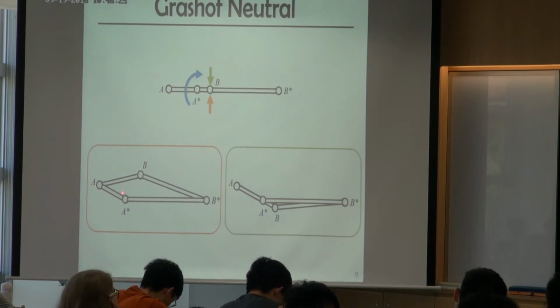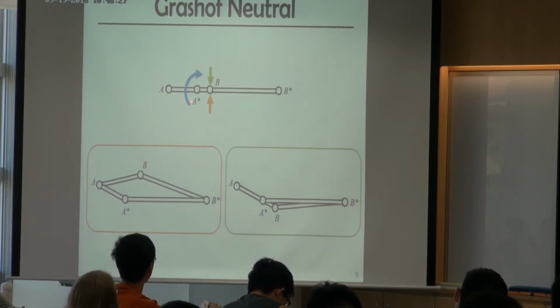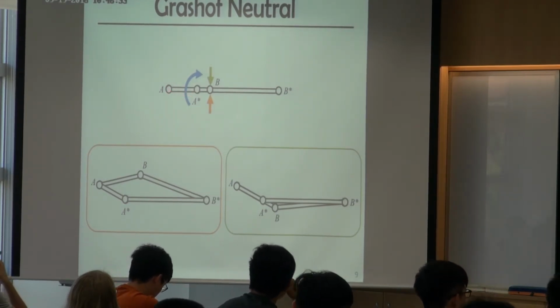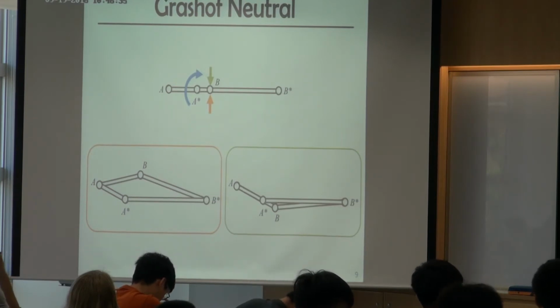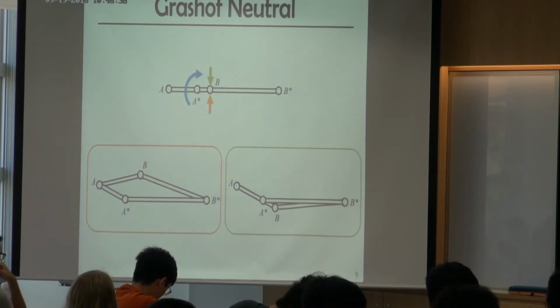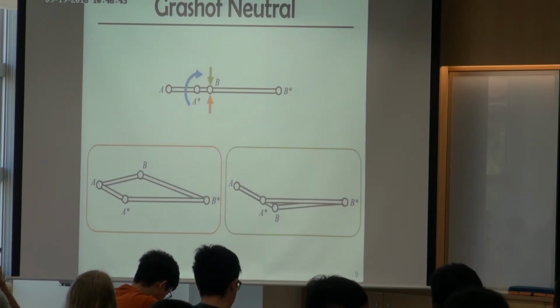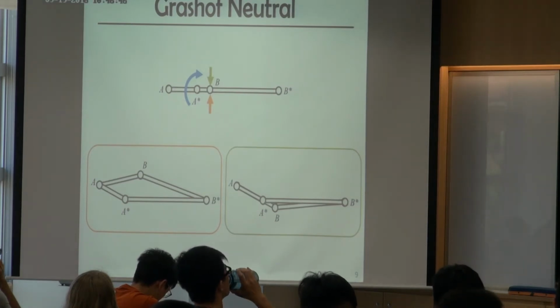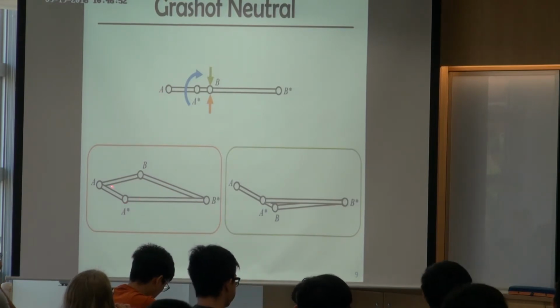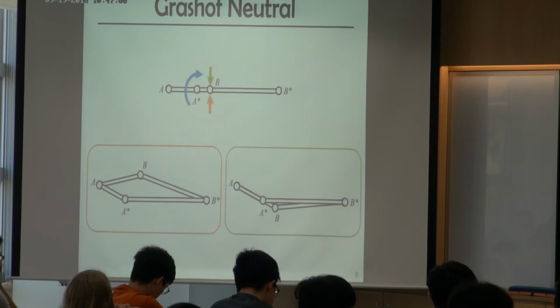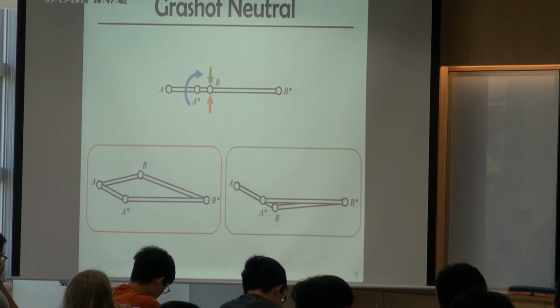When you reach this point, there are two possible solutions when you further rotate this A star, this shortest bar. So two possible configurations. But for a regular Grashof mechanism, if it's this configuration, it's going to stay with it forever. But in the Grashof neutral, once you reach this point, it can either switch to this one or switch to this one. Okay.